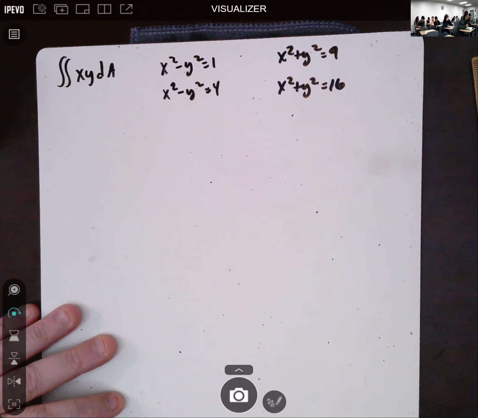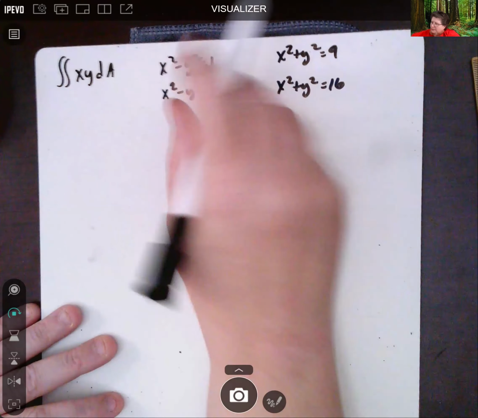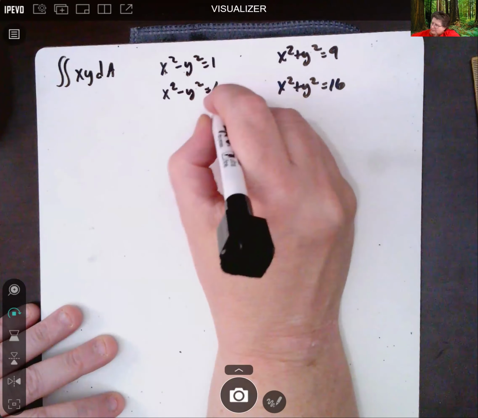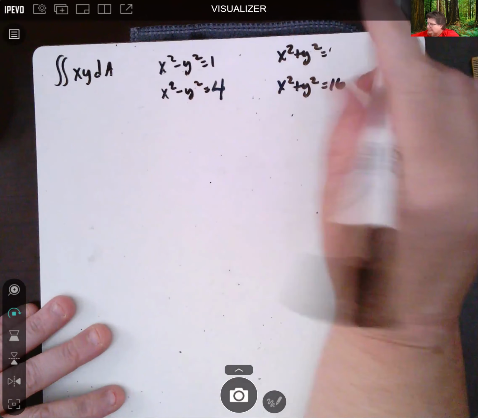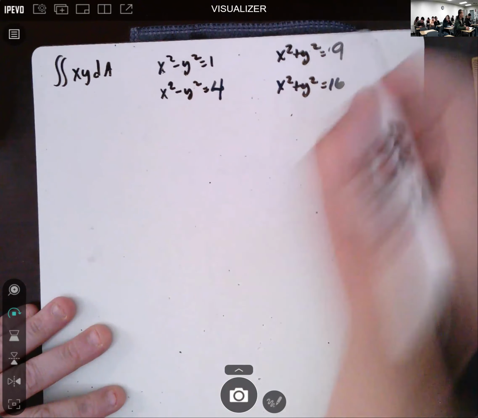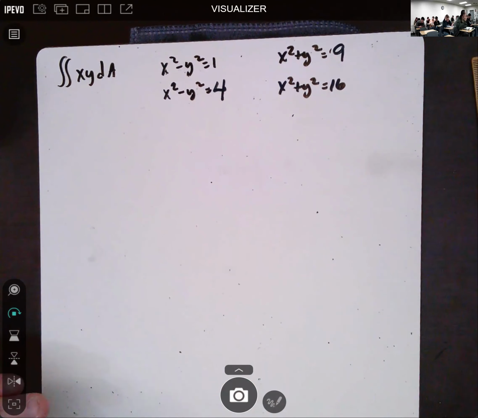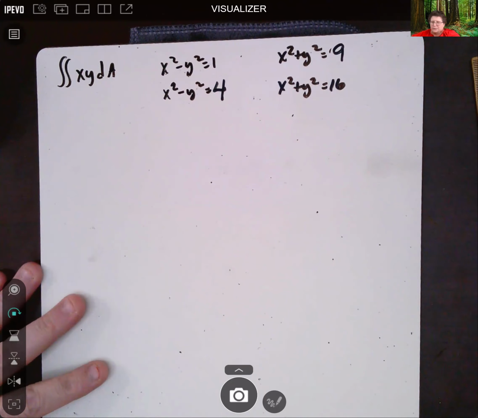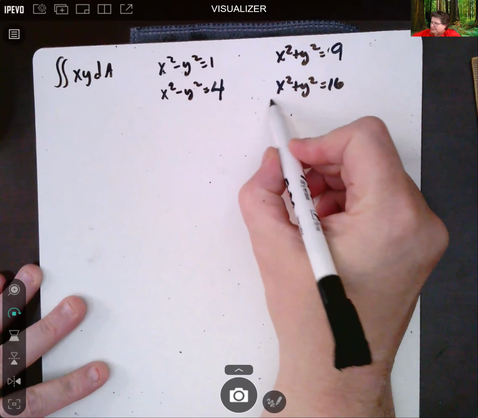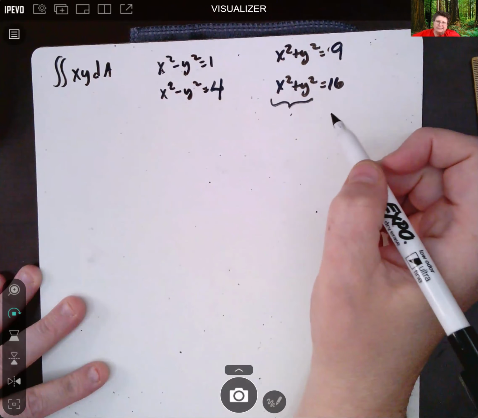That's a 4. This is a 4 right here. This is a 9. And that's a 1. So if you're looking for an x minus y or x plus y, the problem here is this does not factor, right?